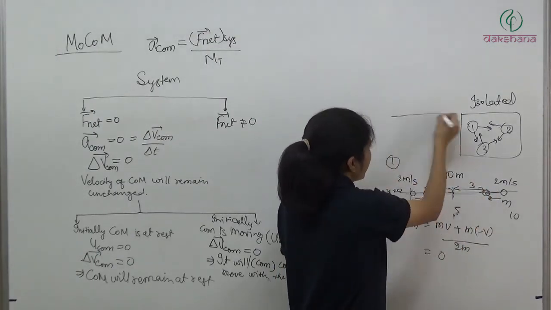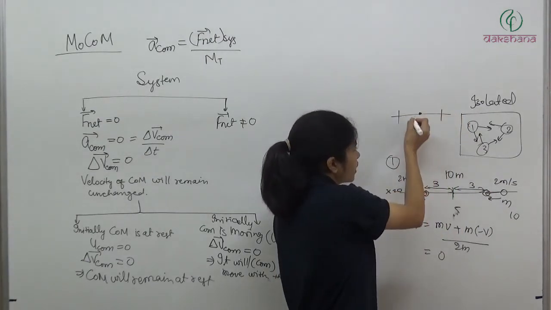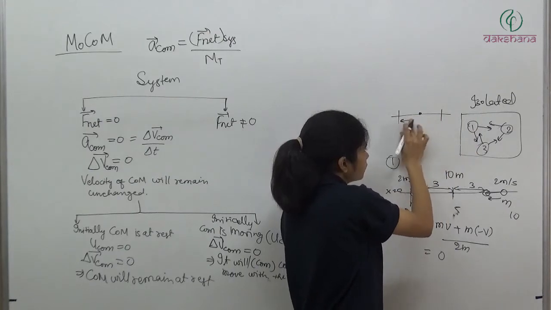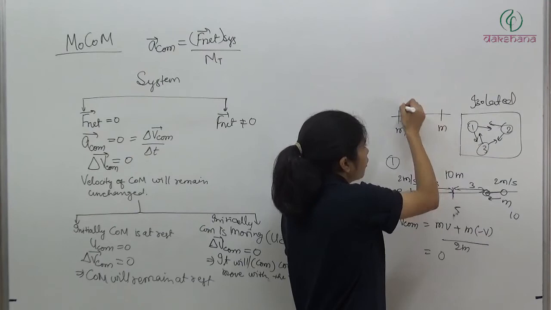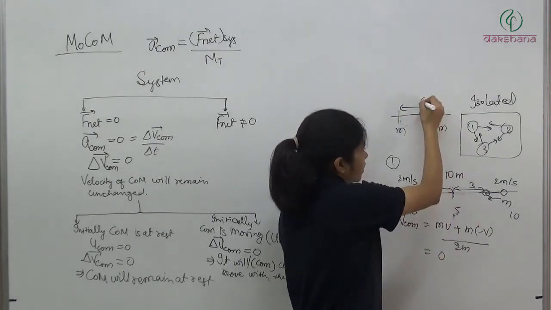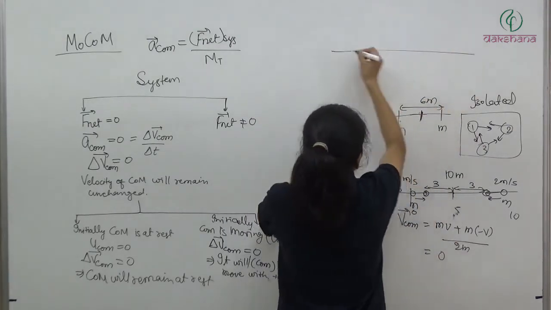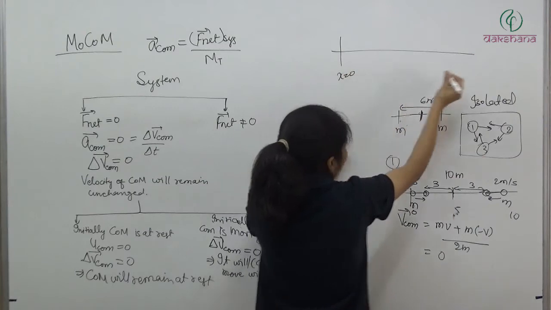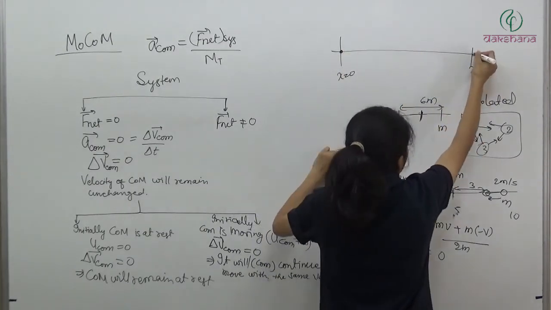So now we have two particles. After 1 second we have two particles m and m which are separated by 3 and 3, that is 6 meter. So where will the center of mass lie? Initially we had x is equal to 0, x is equal to 10, and here we had one particle, here we had one particle.